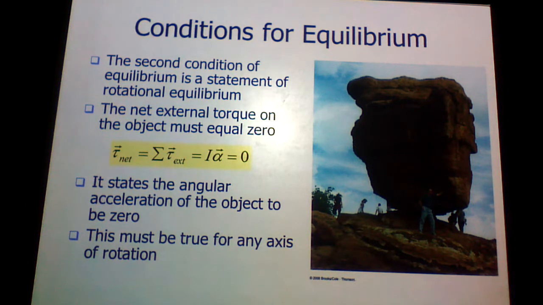The rotational analog for Newton's second law is torque equals I times alpha, meaning moment of inertia times angular acceleration, and that should be equal to 0. Ultimately this states that the angular acceleration of the object should be 0 as long as I'm in static equilibrium. If I know the net external torque on the object is 0, that means the angular acceleration of the object must be 0. And this must be true for any axis of rotation.